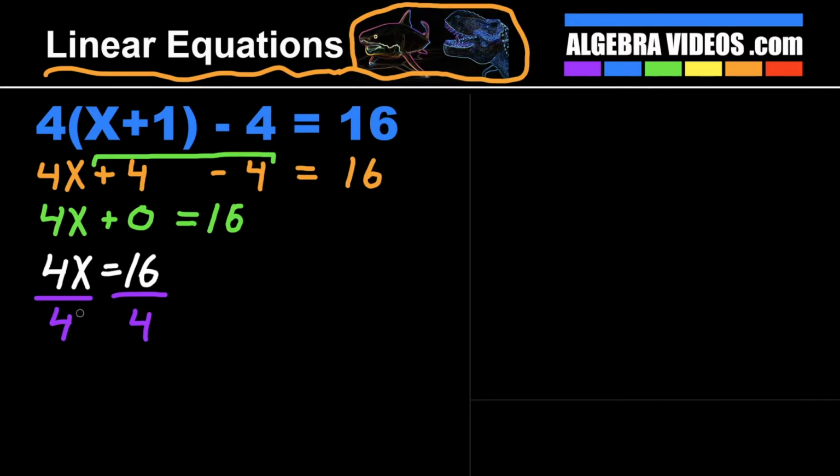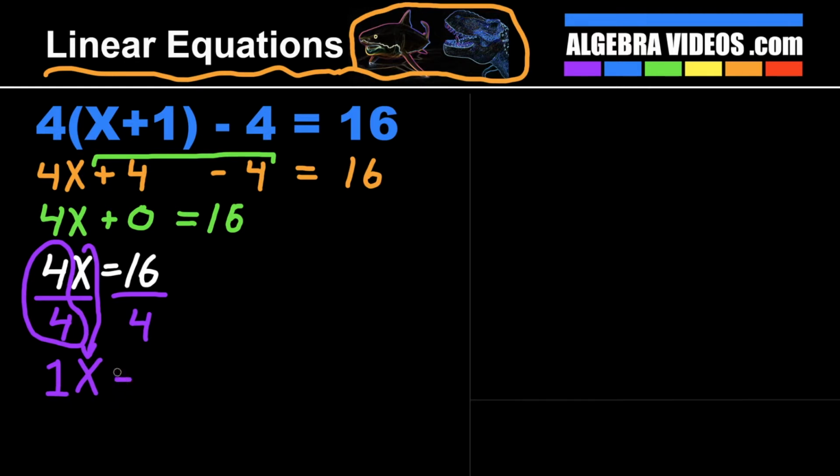And here's the reason. This 4 divided by 4 will then simplify to 1. 4 divided by 4 is 1. So I'm just going to rewrite that as a 1. And then the x is unchanged. It's going to stay right there. So I'm just going to bring down the x. So 4x over 4 is the same as 1x. 4x divided by 4 is 1x.